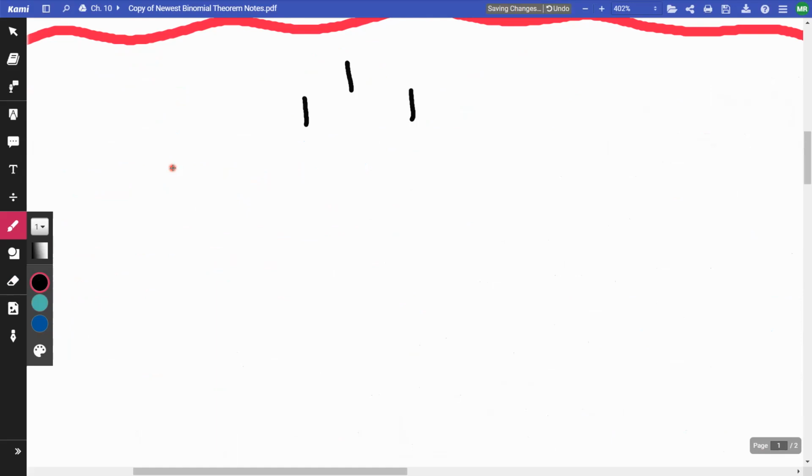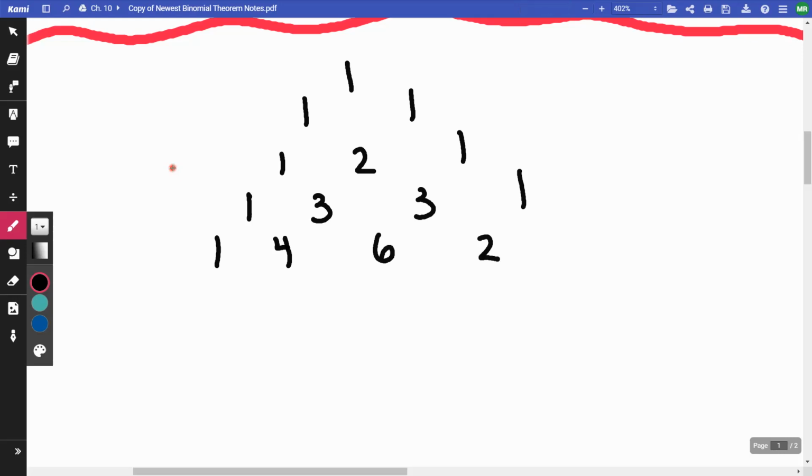Okay, you always start and end with a 1. 1, 2, 1. 1, 3, because I'm adding these together, add these together, 3, 1. And then these add and give us a 4, these add and give me a 6, these add and give me a 4, and then we have our 1.